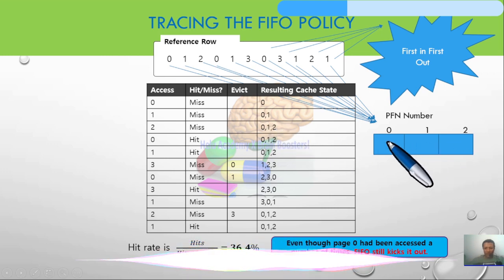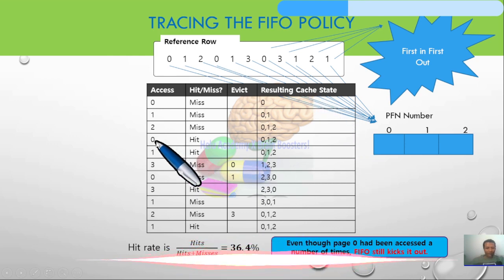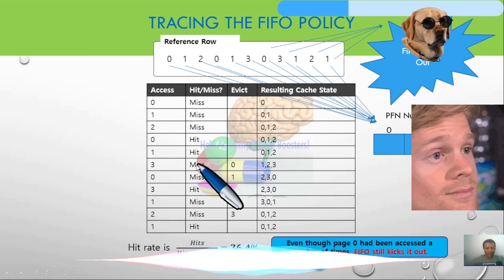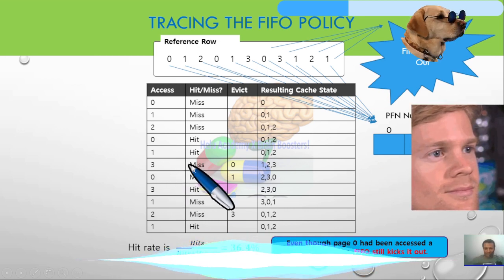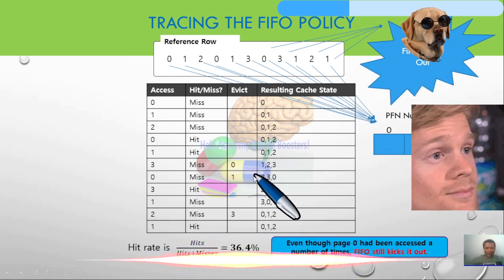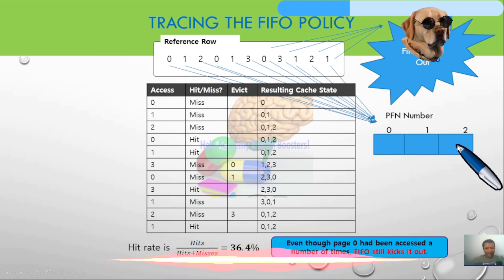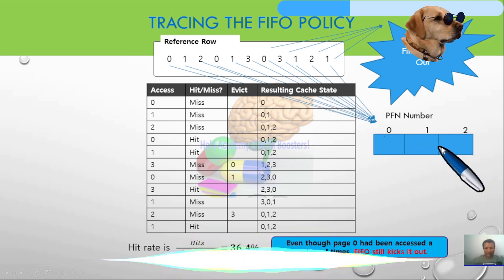So 0, 1, 2 will be the state of the resulting cache. Then 0 is a hit because we have it, 1 is a hit, 3 is a miss. According to FIFO, which one is the first? 0. So 0 will be replaced and 1, 2, 3 will be the resulting cache state.